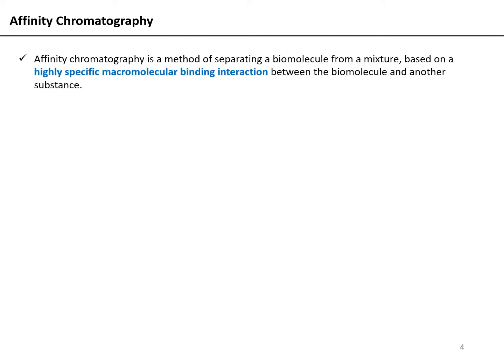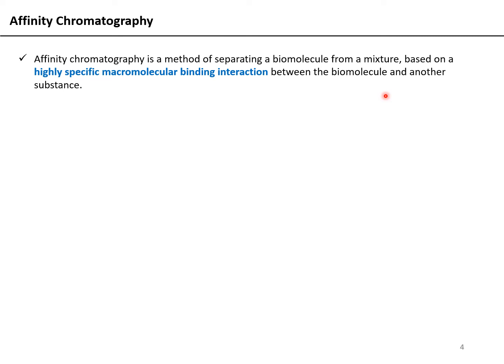Affinity chromatography is a method of separating a biomolecule from a mixture based on a highly specific macromolecular binding interaction between the biomolecule and another substance. As the name suggests, this chromatographic technique exploits high affinity interactions between mostly a protein and its ligand, or a protein and an antibody against it, because such interactions are of very high specificity as well as high affinity.